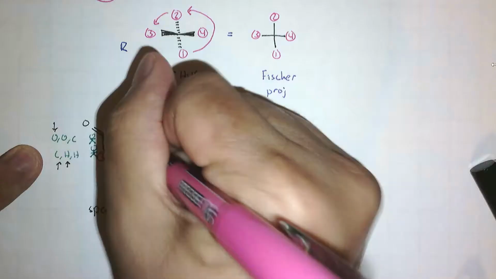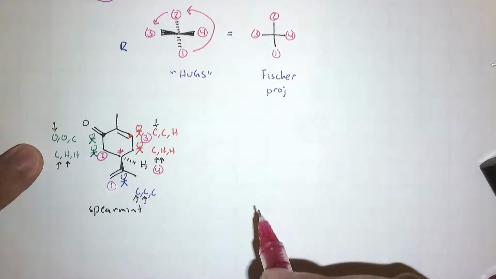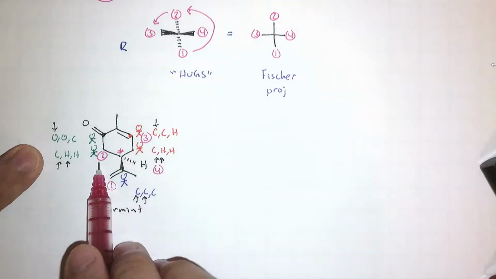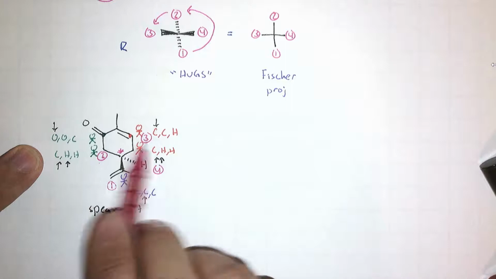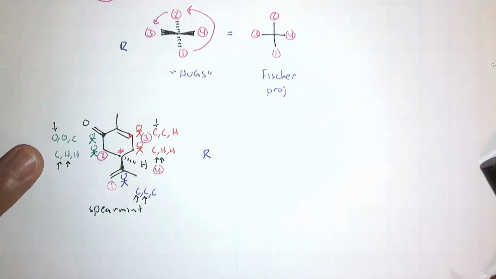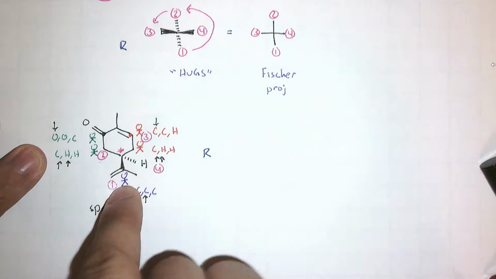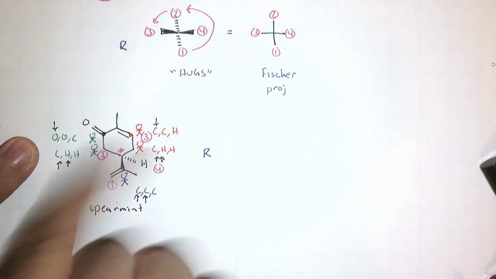Priority number 3 is this path over here. Okay, I know it's a little bit crowded. 1, 2, 3. Clockwise. Spearmint is R. So down, left, right.